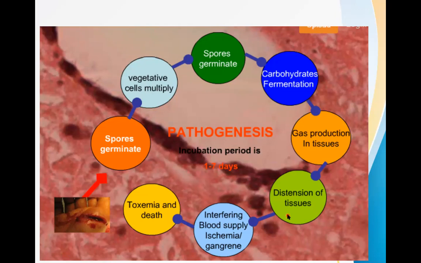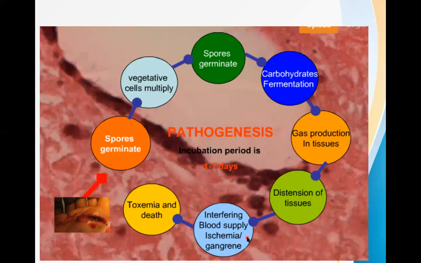All these things will further interfere with the blood supply in that region. Now remember, I think I've explained this mechanism before. If a region or an organ or tissue is infected, because of the increased pressure development there is interference in the blood supply, which can result in ischemia, and this area is already dead because of all these mechanisms.